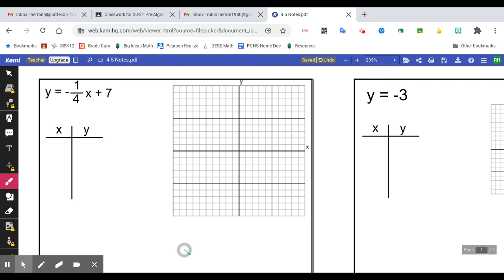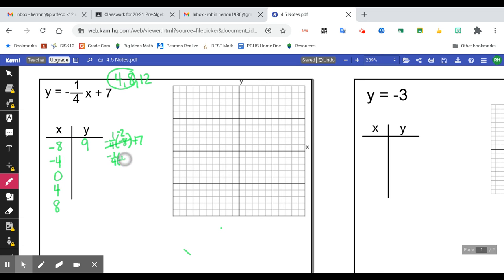So again, if we think about 4, we would have 4, 8, 12, and we just need those first two. So I'm going to do the negatives first, 0 in the middle, and then repeat again with the positive numbers. All right, so let's plug it in. We've got -1/4 times -8 plus 7. These are going to cancel and give you -2, which is 2 plus 7, and we've got 9.